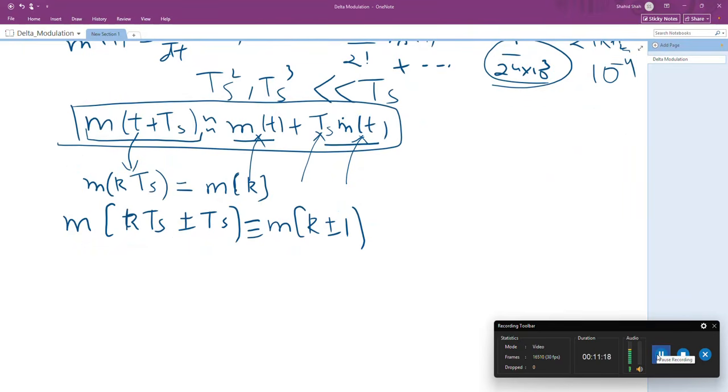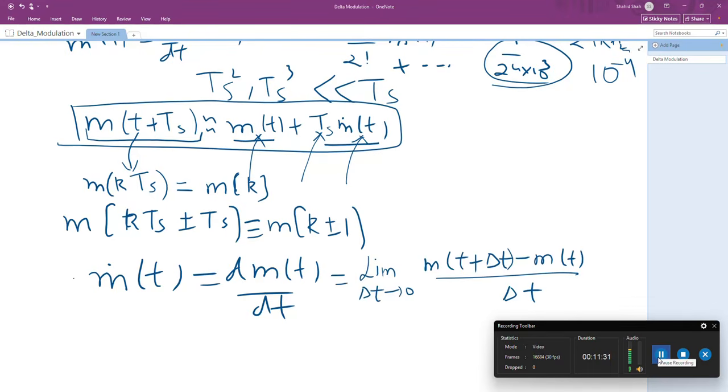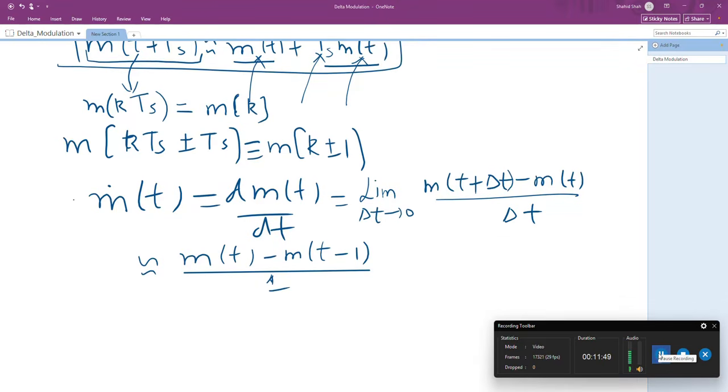And we can approximate the derivative. You know the definition of the derivative. Suppose you have m dash of t, which is d of m of t over dt. What is its definition by first principles? We all know this, so we can approximate it as m of t minus m of t minus 1, divided by this one interval. Instead of m of t, what is m dash at kTs?